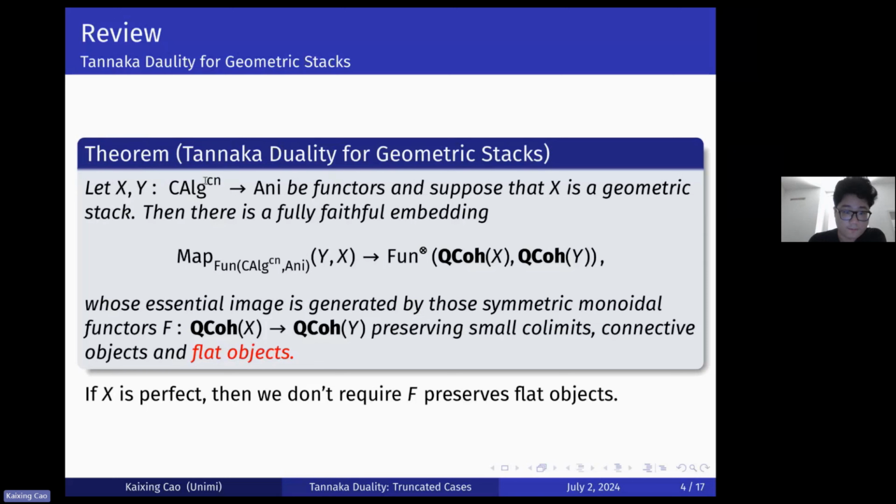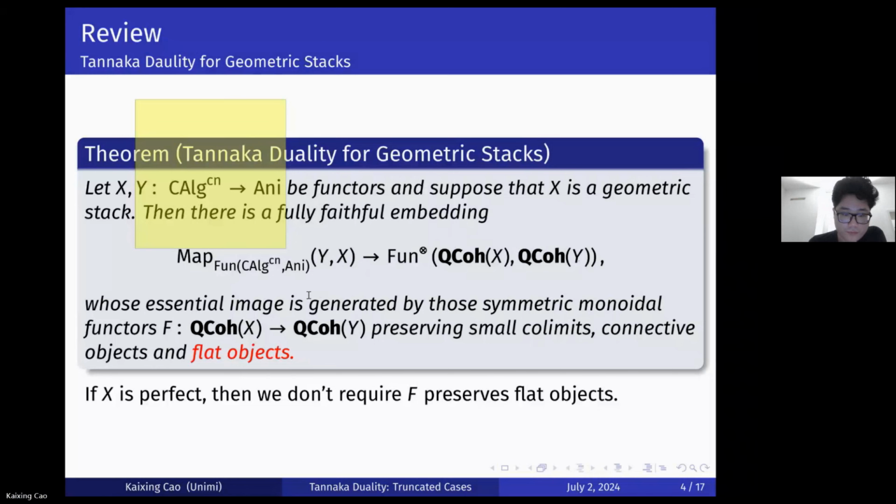It tells us that if we are given a geometric stack X, then for an arbitrary functor Y from connective E-infinity rings to anima, or to the infinity category of spaces, the Y-points of X admit a fully faithful embedding into the functor category, which consists of the symmetric monoidal functors from the quasi-coherent category of X to the quasi-coherent category of Y.